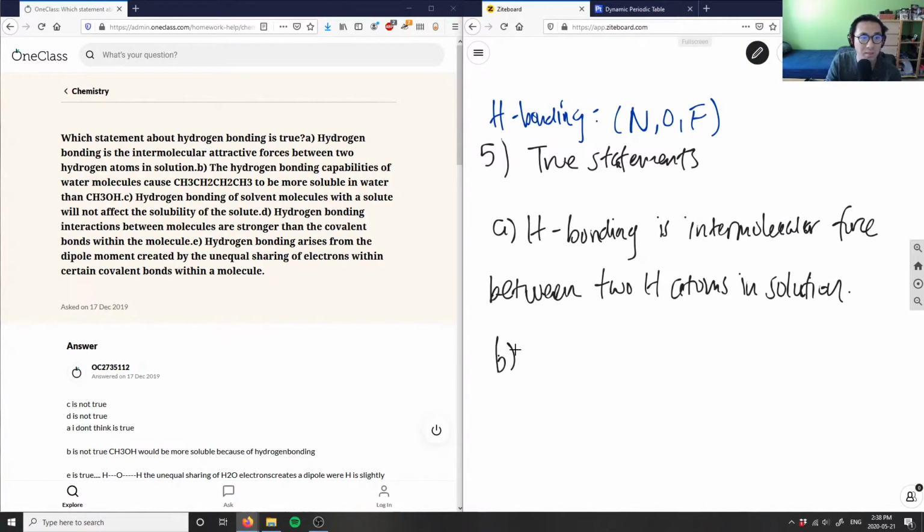B says that the hydrogen bonding capabilities of water molecules cause CH3CH2CH2CH3 to be more soluble in water than CH3OH.